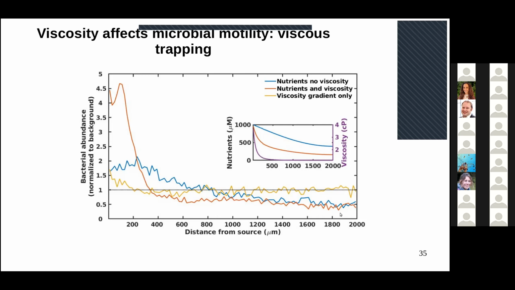But even if you don't have nutrients, even if you only had a viscosity gradient, you could see an effect. Remember, this is 2000 micrometers, but if you look at the first 200 micrometers, you can see increases of up to 50% in the bacterial concentration near the viscous source. And that's what we call viscous trapping.